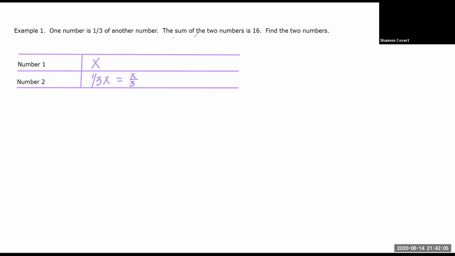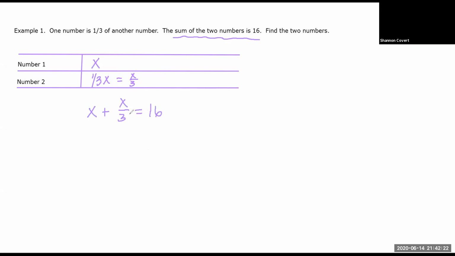Now I'm going to take this sentence here that says the sum of the two numbers is 16. Number 1 is x, plus number 2 is x over 3 equals 16. And I'm going to solve this problem.